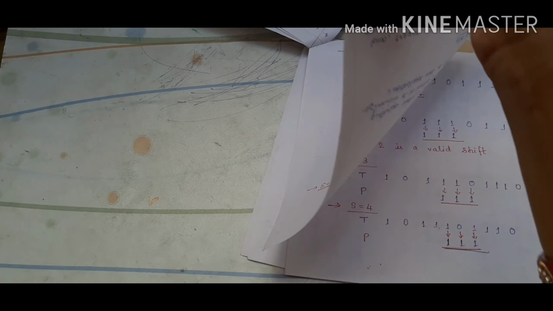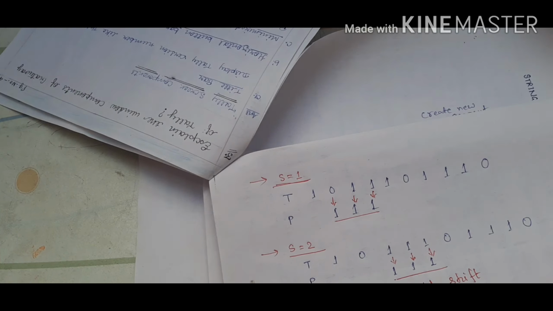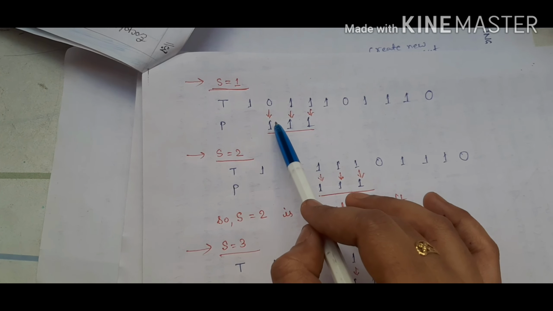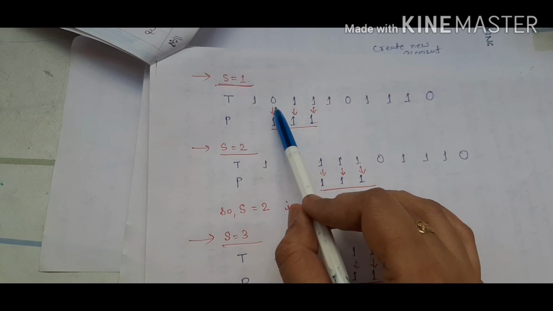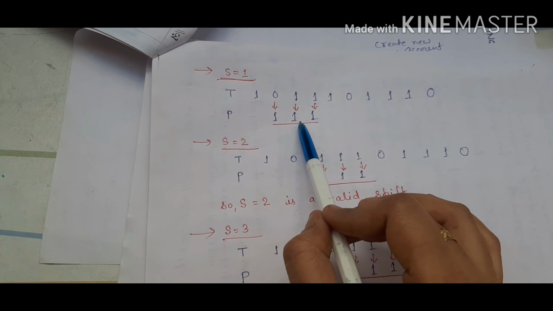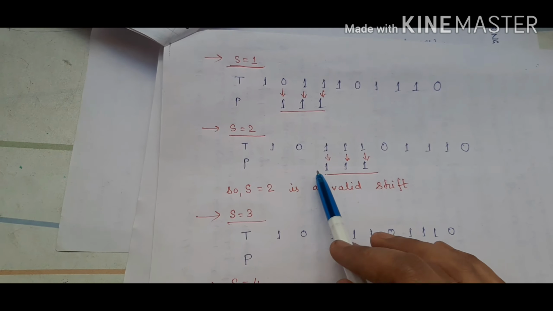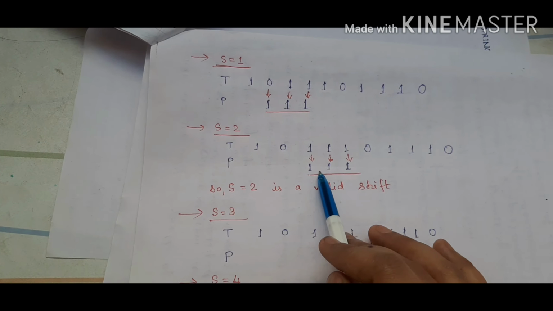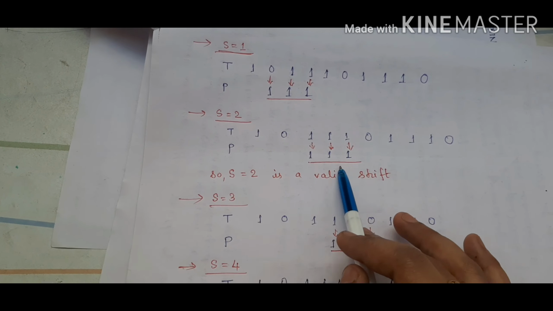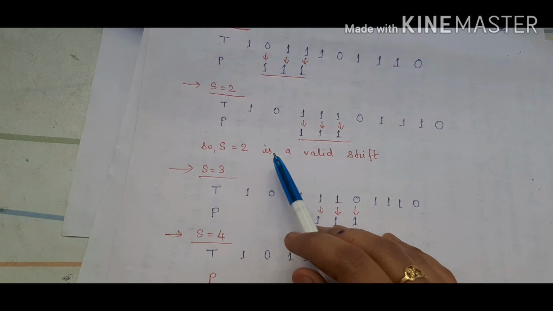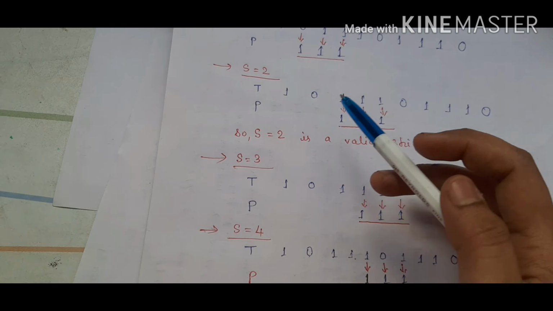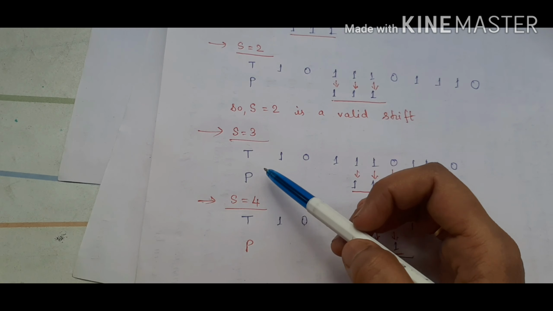Now we proceed further. Now the shift is equal to 1, we have shifted the pattern one position to the right, and again it is not matched. Now s equals 2, we shift 2 places to the right, and now the pattern 111 matches the text 111, so s equal to 2 is a valid shift. Now again we proceed further.